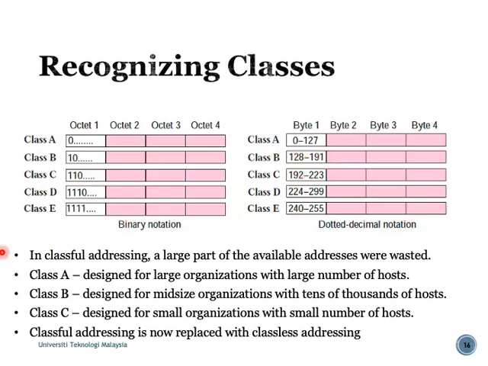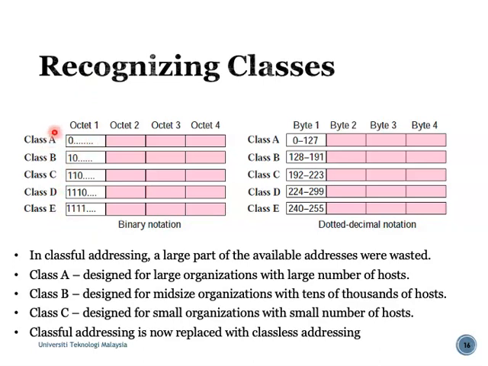In classful addressing, a large part of the available addresses were wasted. One problem with classful addressing is that each class is divided into a fixed number of blocks, and each block has a fixed size.